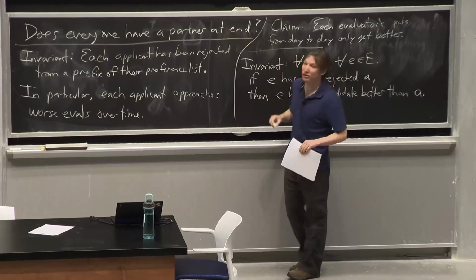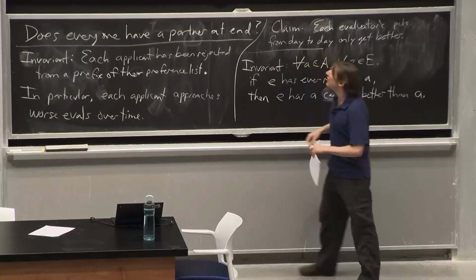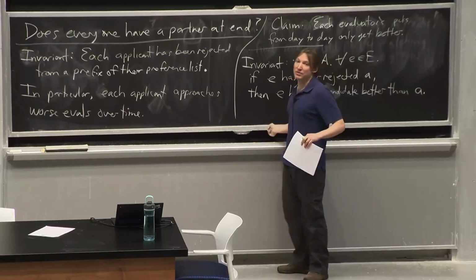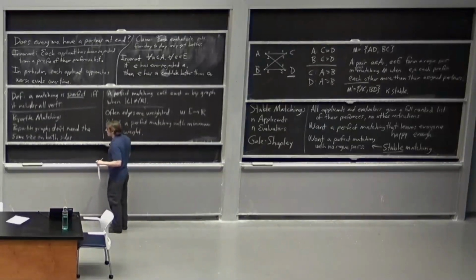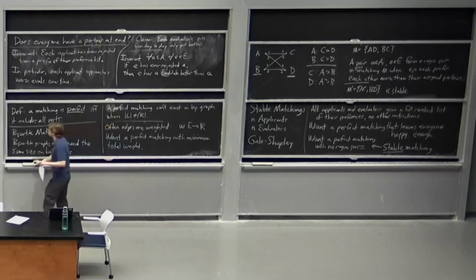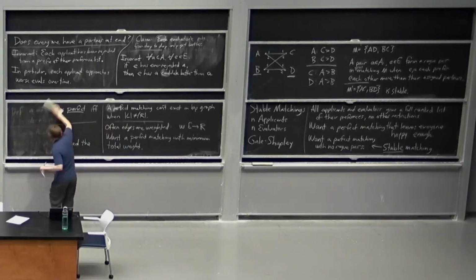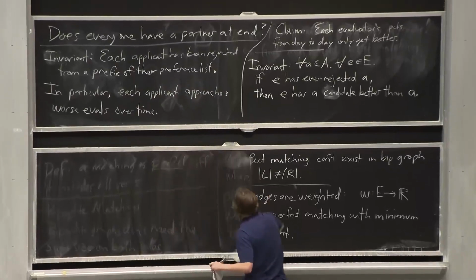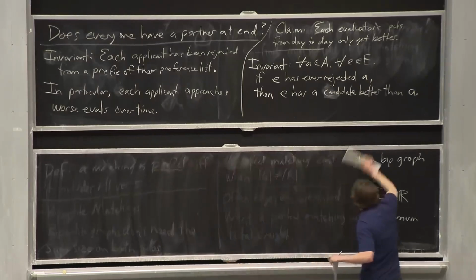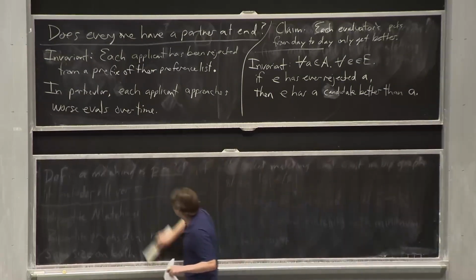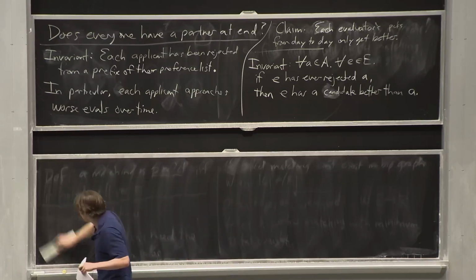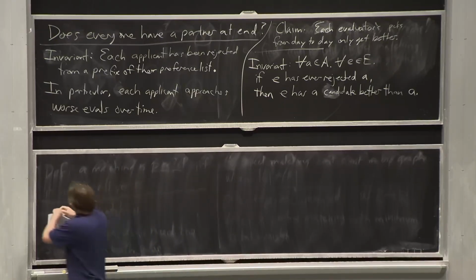Does everyone have a partner at the end? And let's see what happens if they don't. So by way of contradiction, let's pick one particular applicant, say Dr. Jekyll.